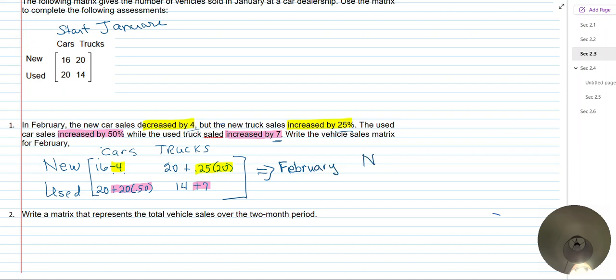And we've got the new and the used, cars and trucks. All right, so we're going to do the math. 16 minus 4 is 12.